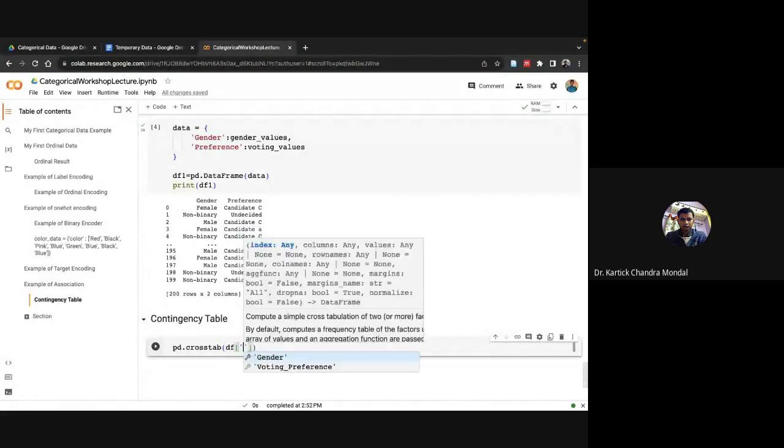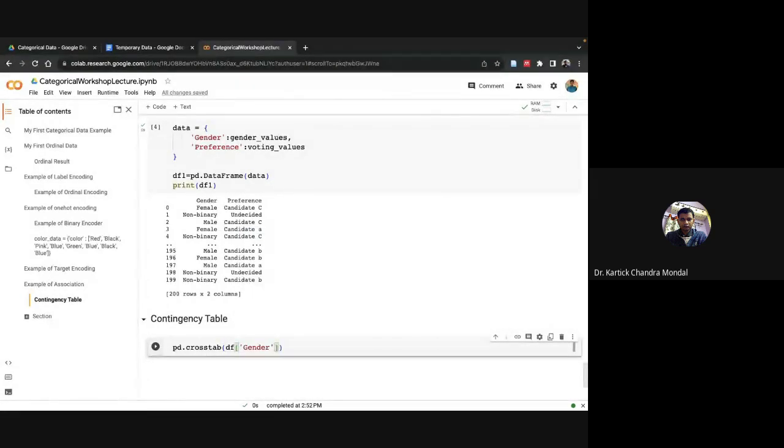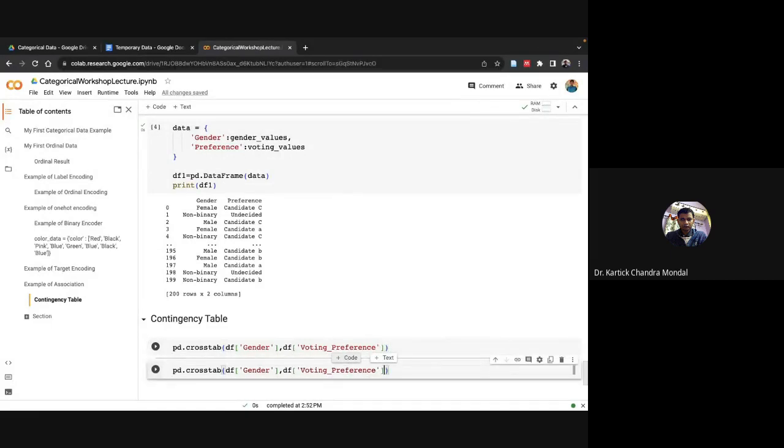So gender here, and another one is df voting preference, or only preference, right? Since it is the data frame, we have voting preference. But in case of data frame 1, we have only preference.